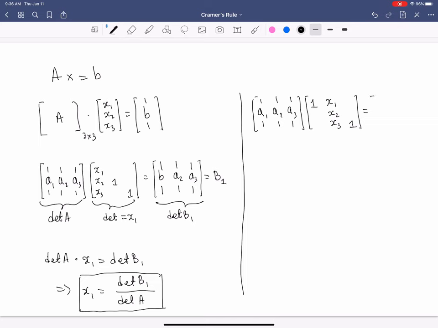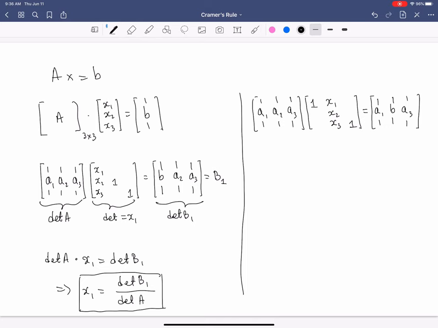Anyway, when we take the product, when I multiply A by the first column of the identity matrix, I'm going to get the first column of A. When I multiply the entire matrix A by the vector x, I'm going to get the vector B. And when I multiply A by the third column of the identity matrix, I'm simply getting the third column of A. Okay, so this is clear.